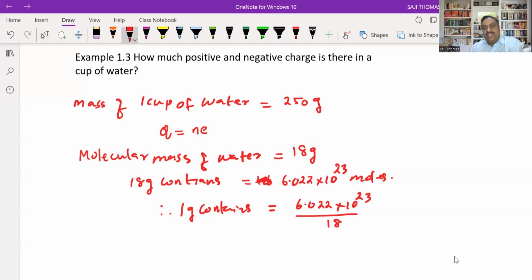Now you can find out the number of molecules in 250 grams of water.